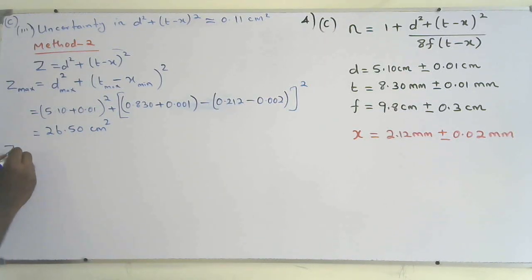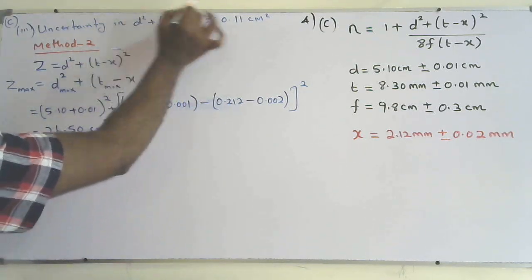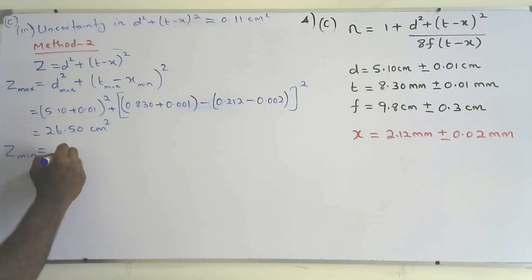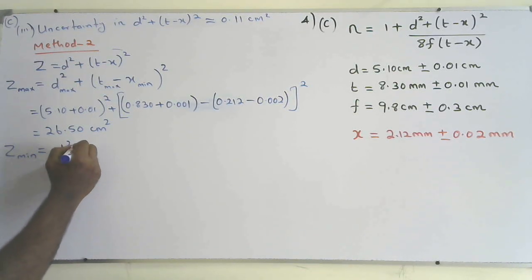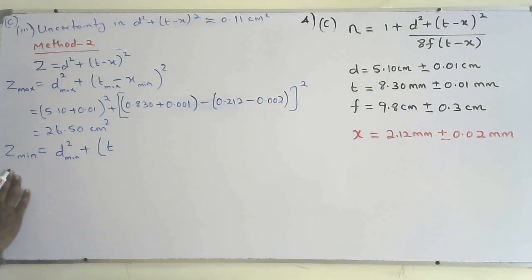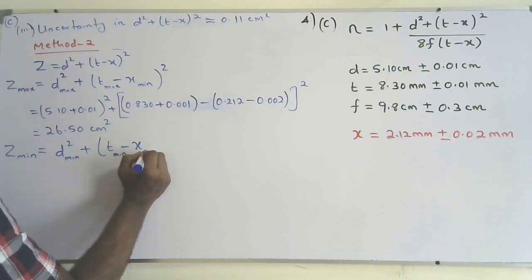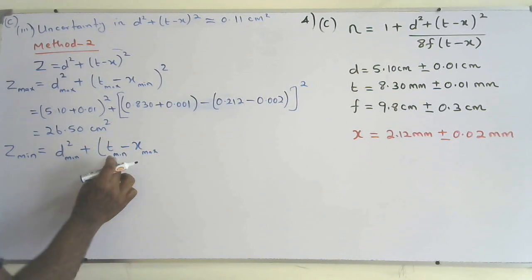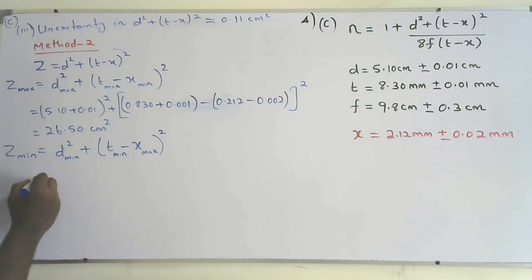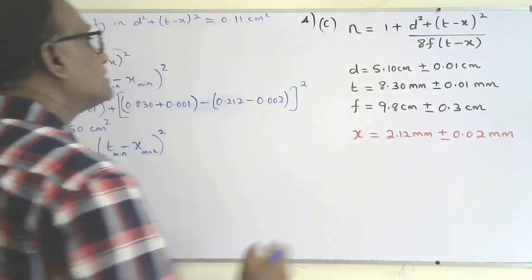Now z minimum, that is I should find the minimum value of the given function or equation, whatever it is. How can I get it? So for that, d minimum squared plus t, I need to get a minimum value, means this is t minimum minus x maximum. Is it? When I subtract larger value from the lowest value, I'll get the lowest value of this one, all in squared. Okay. D minimum, you know that 5.10 minus 0.01.